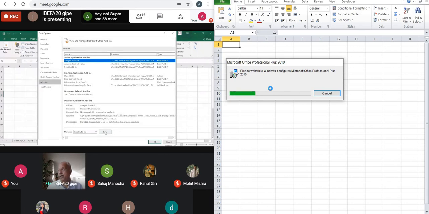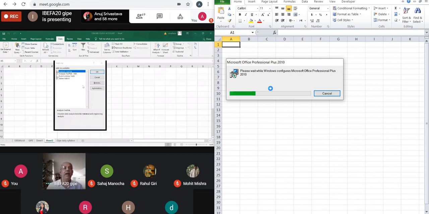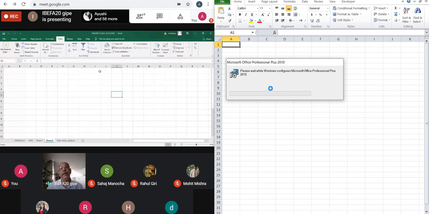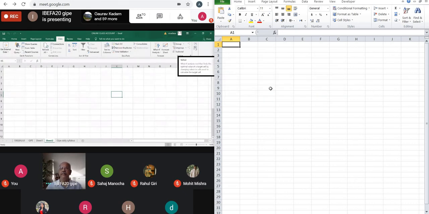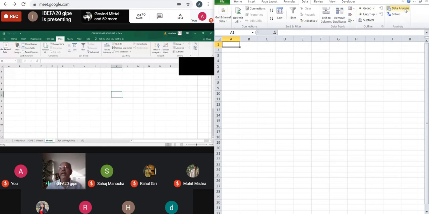Go. That means install. Select Analysis Tool Pack, Analysis Tool Pack VBA and Solver. And on the spreadsheet, go to Data and see at the end of the bar, Analysis Tool Pack and Solver. For me, it is a symbolic form. You may have the typed form, possible.